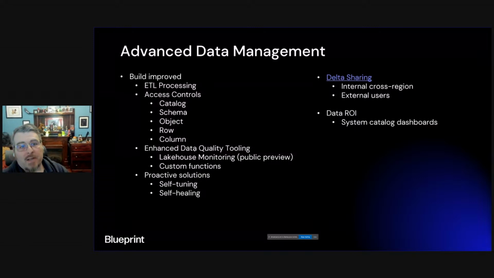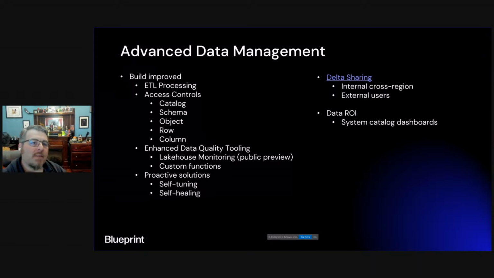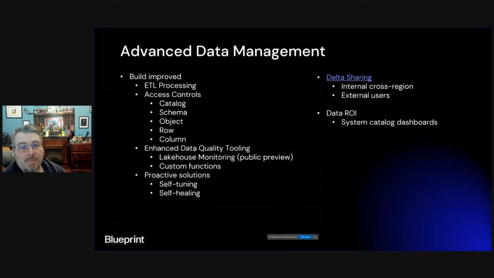That's all possible now because of the system schema. You can make jobs that are self-healing. If you see a certain job failing more than so many times, yeah, a human's going to need to get involved. But if it's the first or the second failure of a job, you can always call for a retry based on the information in system schemas.